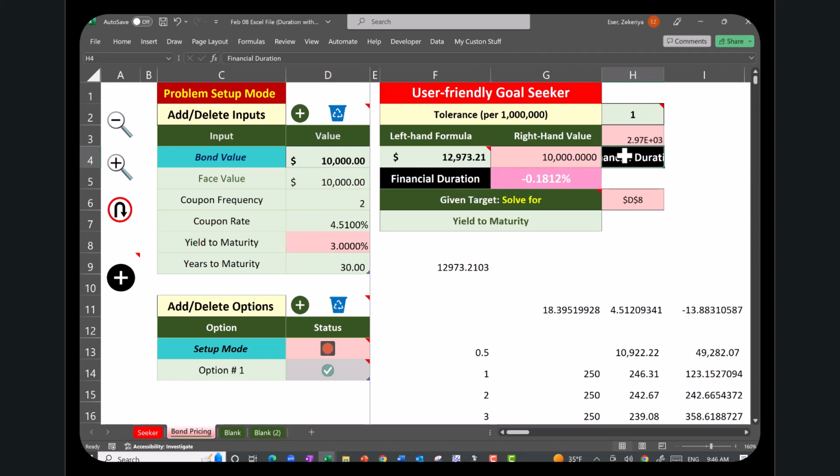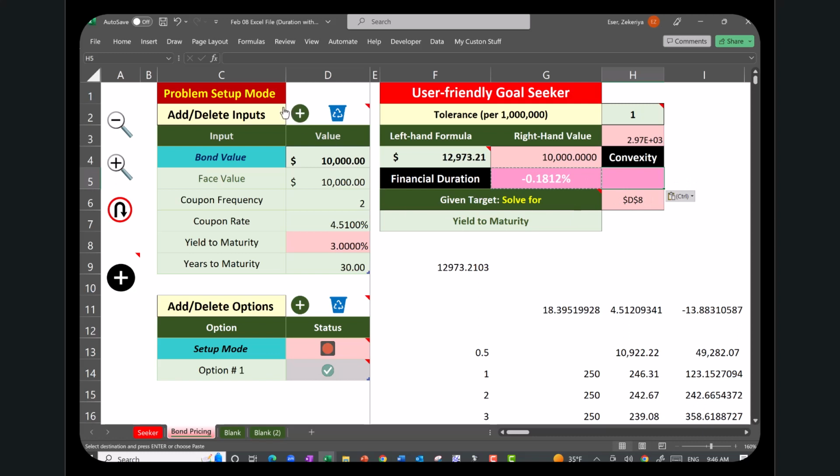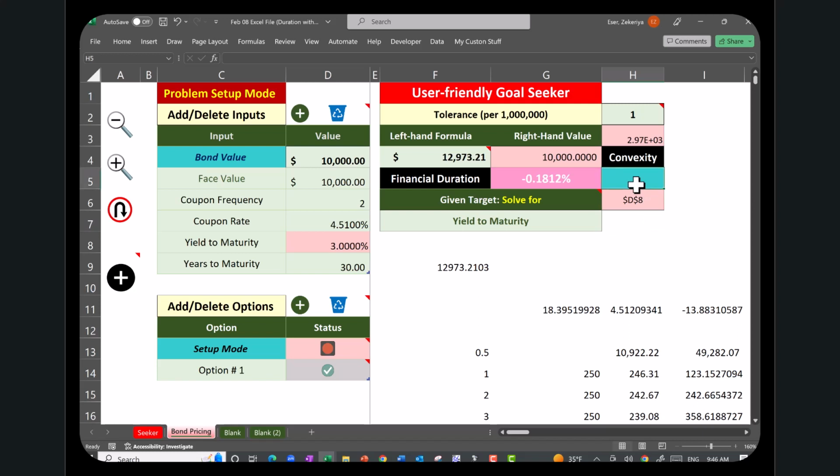My real estate is very expensive here. I'll use a different format for that. Maybe I have a blue cell that lives there.